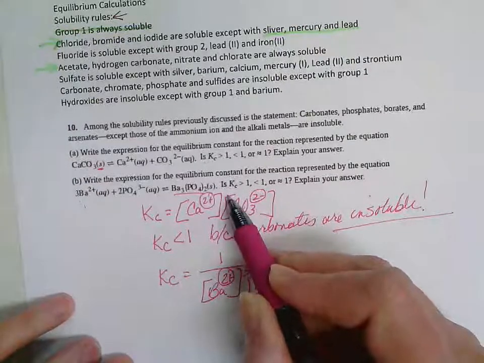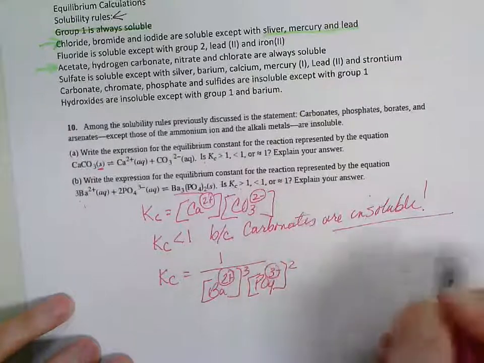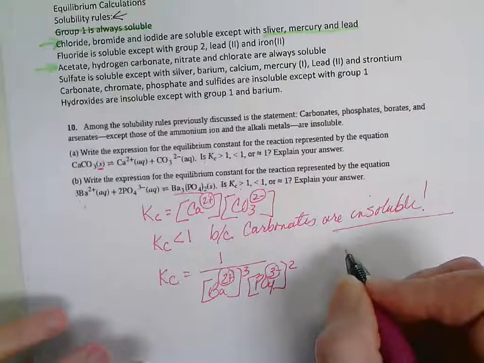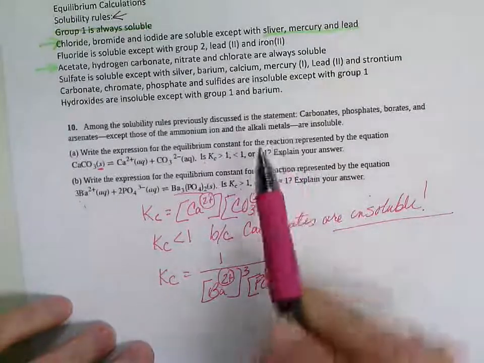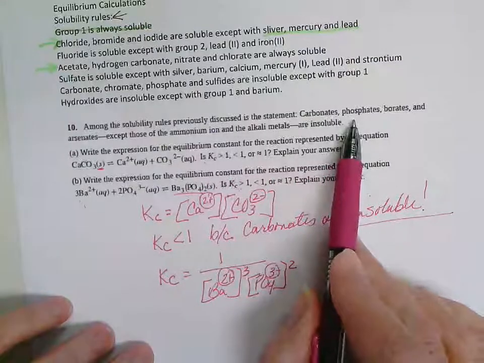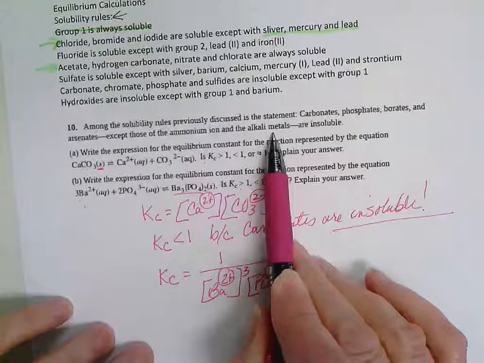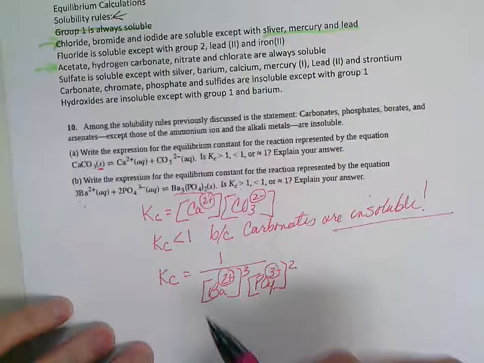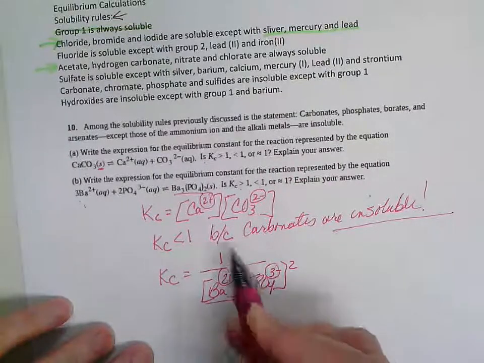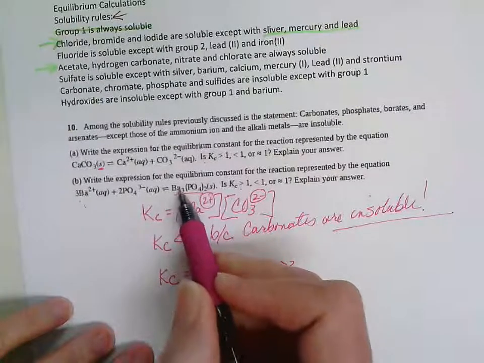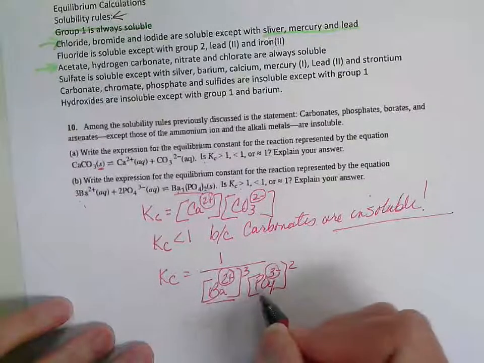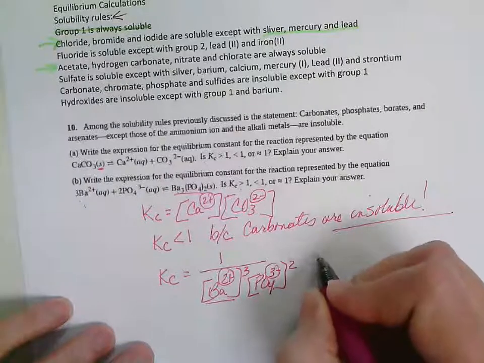Now it's asking, is Kc greater than 1, less than 1, or equal to 1? So we're looking at our phosphate rules. So now it says phosphates, except for those with ammonia and the alkali metals, group 1, are insoluble. This is group 2. So it's going to be almost all here, and this number in the denominator is going to be very, very small.